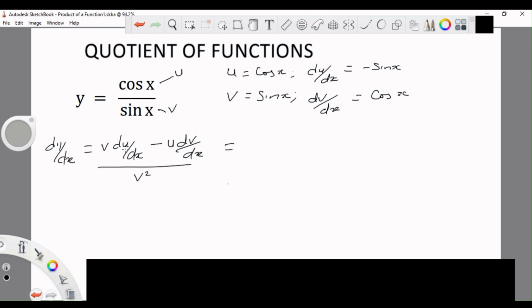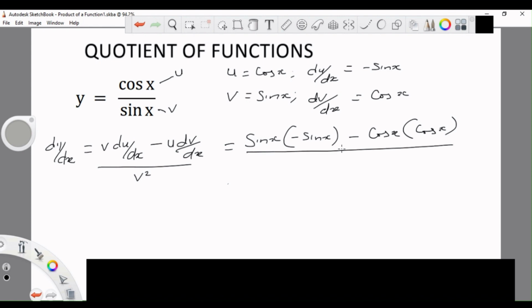So what we have is our v, sin x, times our du/dx, negative sin x, minus our u, cos x, and dv/dx, cos x, over v, sin x, all squared.